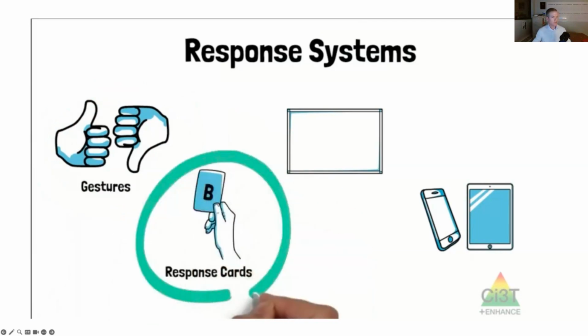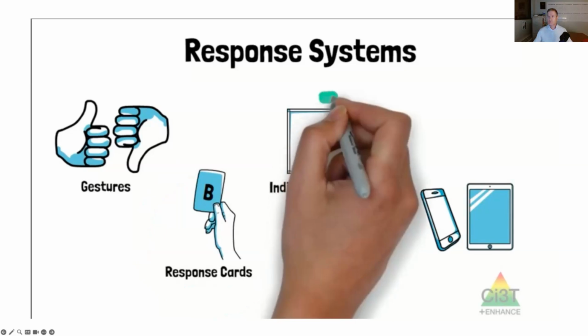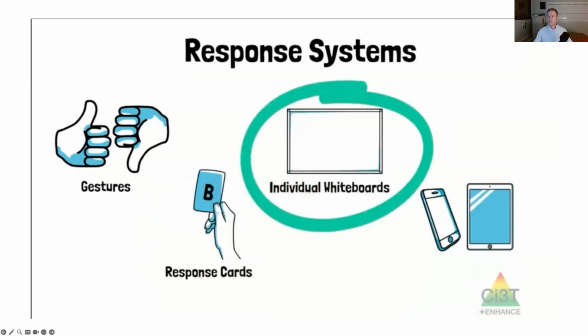Response cards are reusable cards that students can hold up to show their answer to a question. With closed-ended questions, it is possible to use pre-made response cards that correspond to the possible answers, such as a card that goes with A, B, C, or D for multiple choice. Or students may be provided with individual whiteboards on which to write their responses.